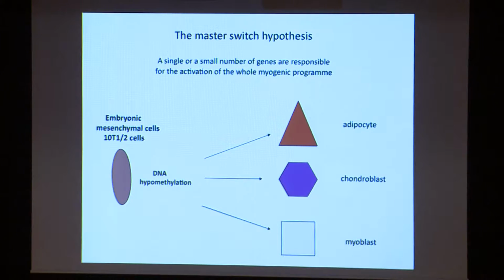That was, first of all, one cell line, embryonic mesenchymal cell called 10T and a half. Very interesting cell line that, when treated with DNA hypomethylating agent, was turning into adipocytes, chondroblasts, cartilage cells. I say this because I have a knee problem. And myoblasts for muscle.